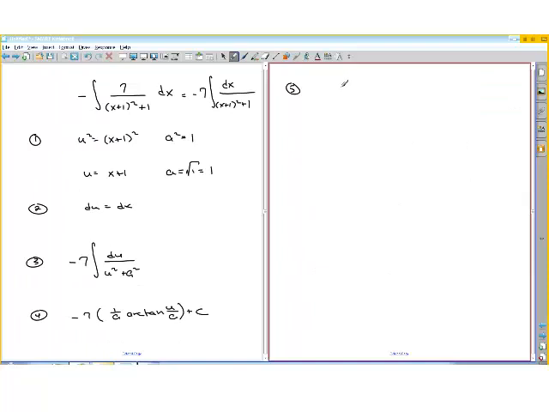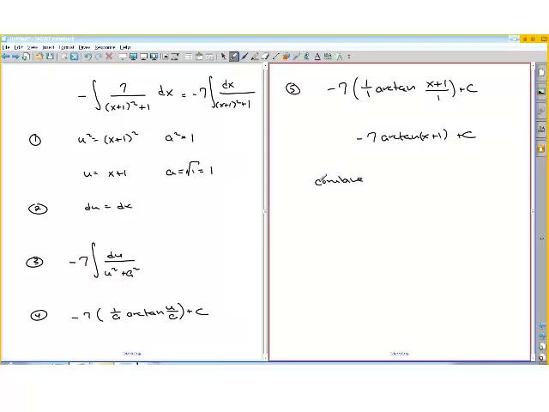So you've got to be consistent. You can't just do it once. So we get -7 times 1 over a times the arc tangent of u, which is x + 1, divided by a, which is 1, plus c. So we get -7 times the arc tangent of (x + 1), plus c.